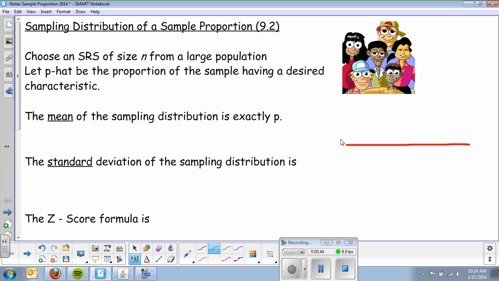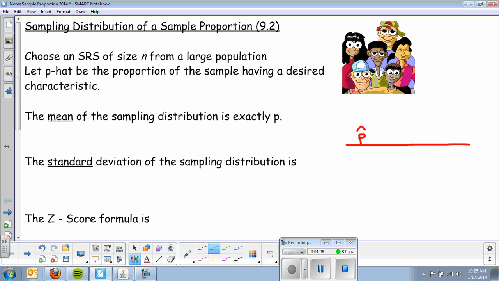So here's my population, this group of people, and I'm going to randomly ask a certain amount of them. Let's say I ask 100 of them if they believe in ghosts, and a certain amount believe in ghosts, and then I plot that on a graph. So I get a p hat, I plot it on a graph.